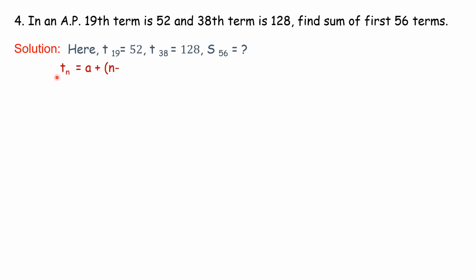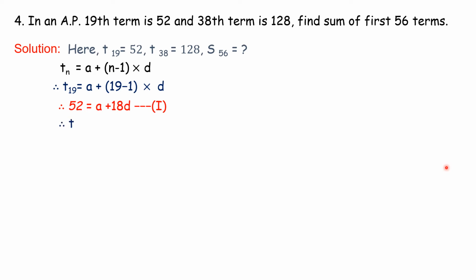Write down the nth term formula: a plus in bracket n minus 1 bracket complete into d. 19th means n is 19, a plus 19 minus 1 into d. So 19th term, that is 52, is equal to a plus 18d. This is equation 1 in terms of a and d. This is a linear equation in two variables.